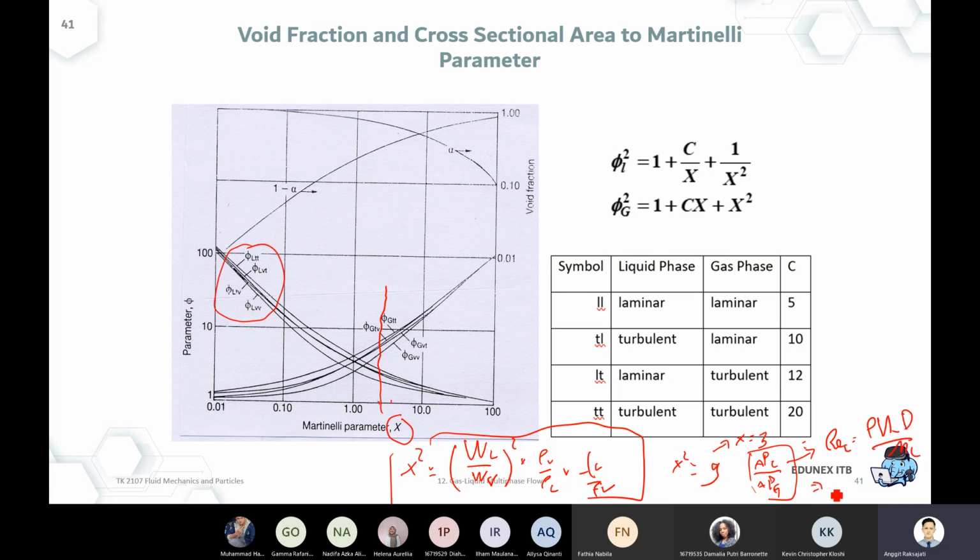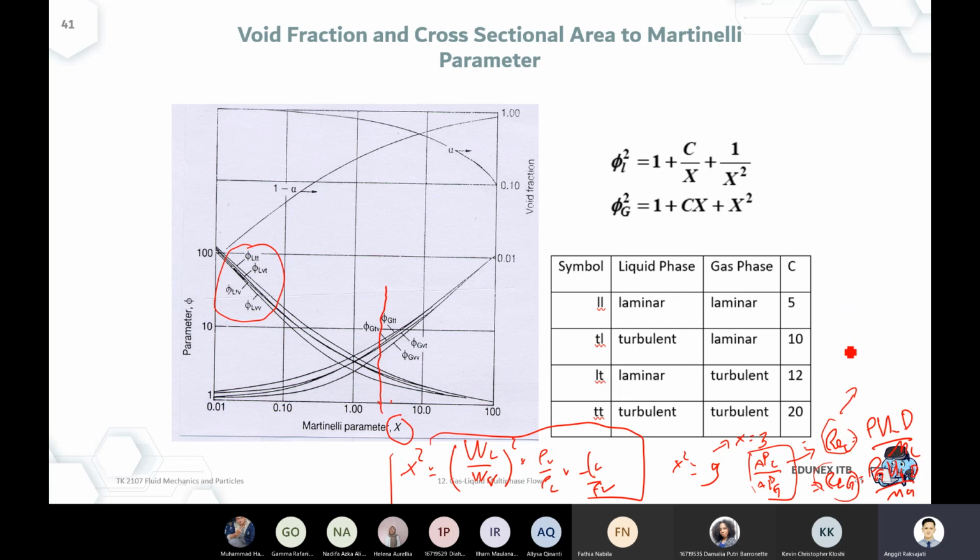And for the gas, you must use the rho of the gas, velocity of the gas, diameter per mu of the gas. So you have all these physical properties, and then you match the Reynolds liquid and the Reynolds gas to the boundary.